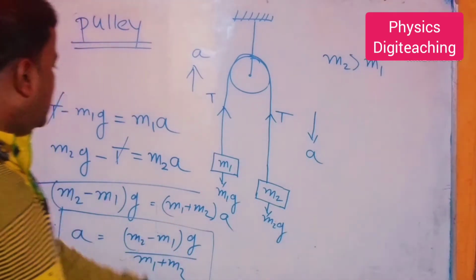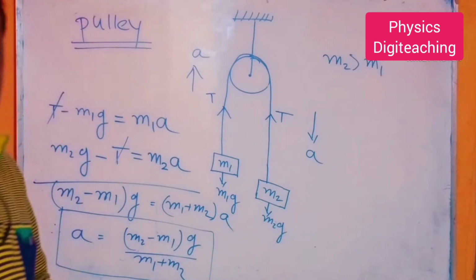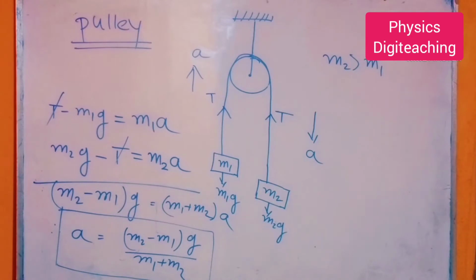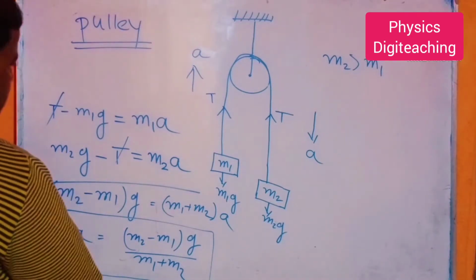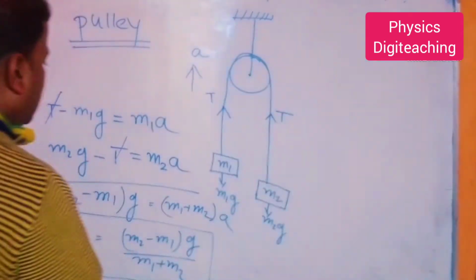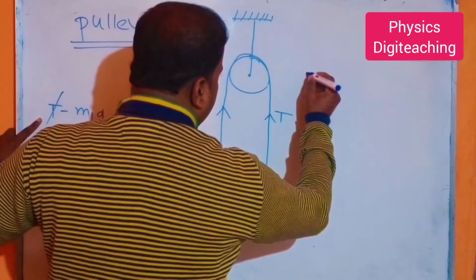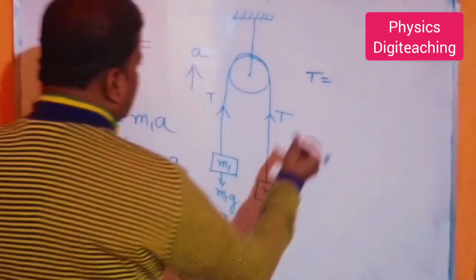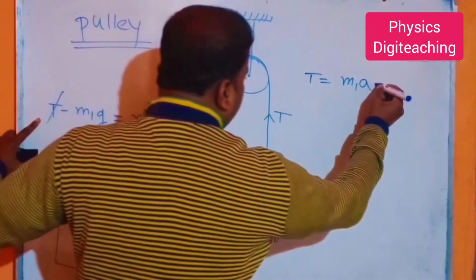Now we find out the tension. From this equation we can get tension T equal to M1A plus M1G.